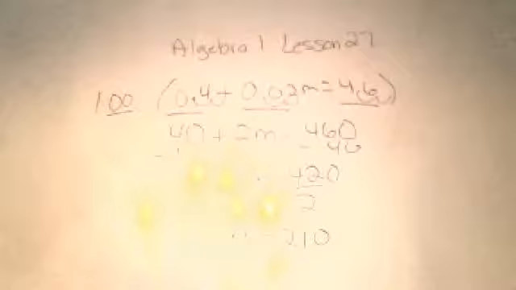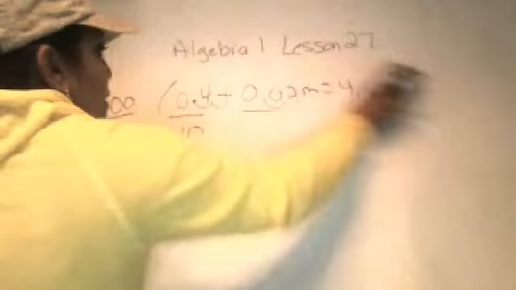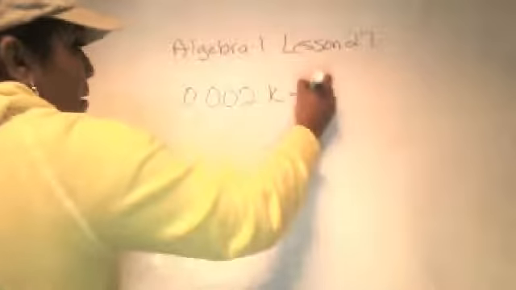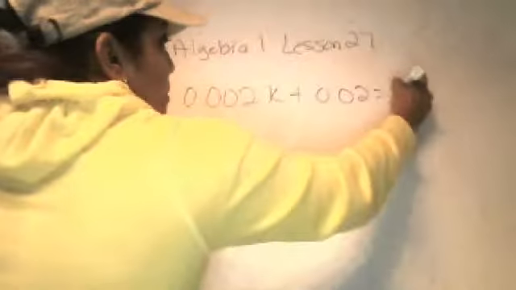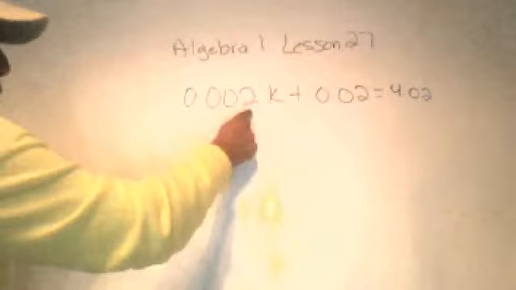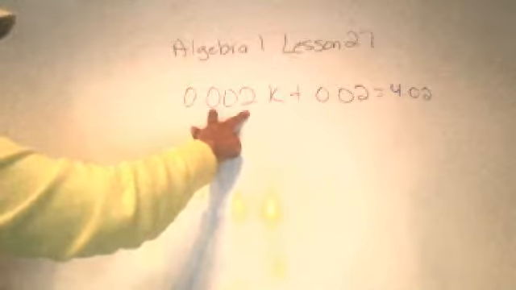All right, let's look at example 27.6. It says 0.002k plus 0.02 equals 4.02. So again, we start by writing our problem down. When you look at your decimals, which one has the most places? This one's got 3, which is the biggest, the thousandths place.